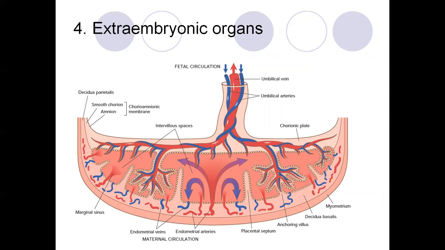So there is the hemochorial or placental barrier. It is the dividing membrane between maternal and fetal circulation. There are maternal circulation, maternal blood, and fetal blood. Between them, we have tissues. We have connective tissue of villi.